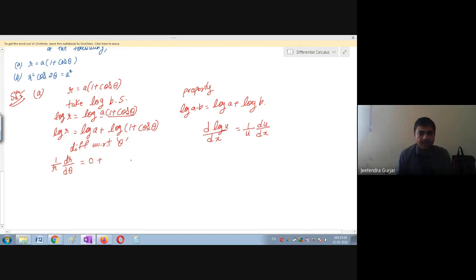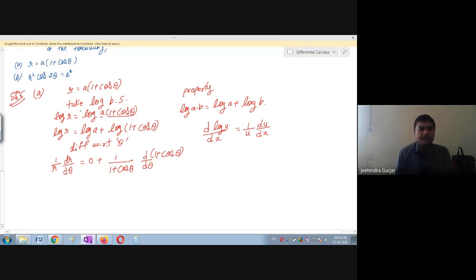Now this is again a variable, so I will take this as 1 divided by 1 plus cos theta, and again you have to differentiate 1 plus cos theta. Is it clear, students? This is a very important step, because if you don't understand it, the next step is very difficult. So I will repeat. They have given the radius vector r equal to a into 1 plus cos theta.